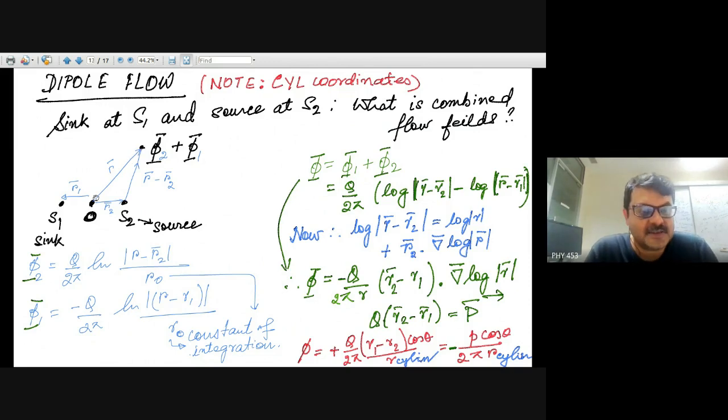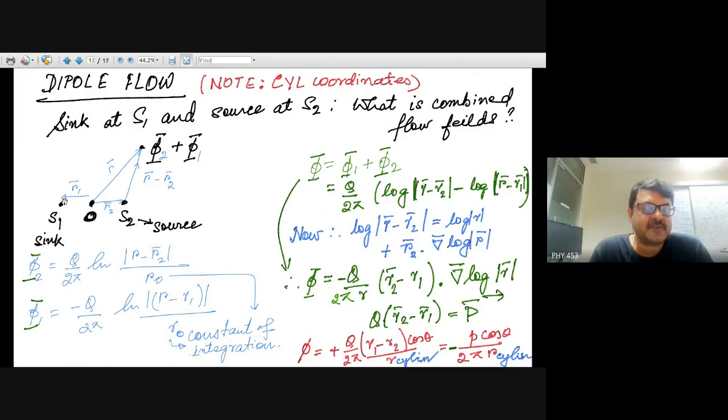which is this, which is vector r from the origin, but the expression which we have derived is from this point. The velocity potential, right? You have to consider this vector at this point r is q by 2 pi. There's a certain flow rate, volume of fluid which is being given out at this point, log of r minus r2 by r0, some constant r0, integration constant.